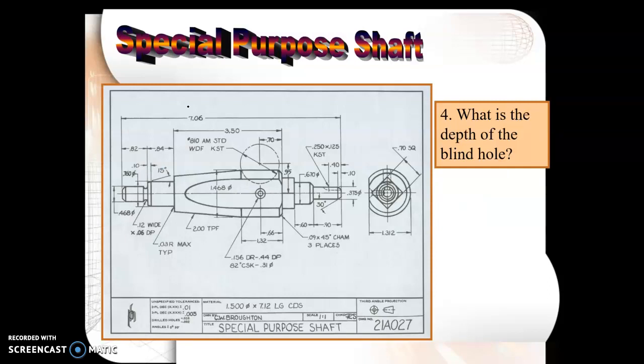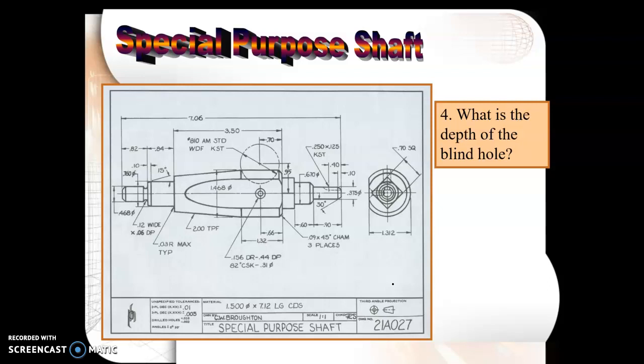So here we have, it's called a special purpose shaft, and we will answer some questions here as time permits. We'll answer as many of these as we can before our 15 minutes are up. What is the depth of the blind hole? So again, a blind hole is a hole that doesn't go all the way through a part.